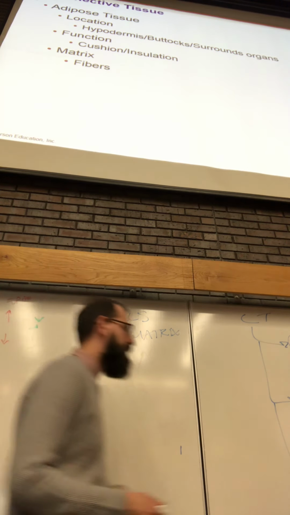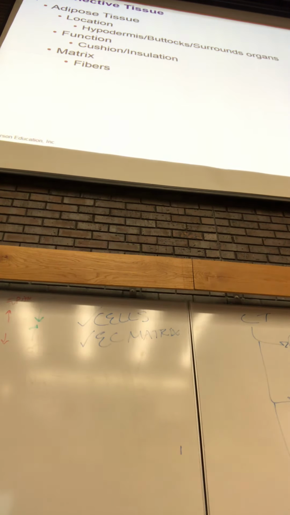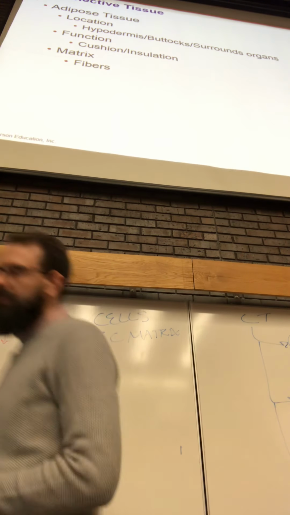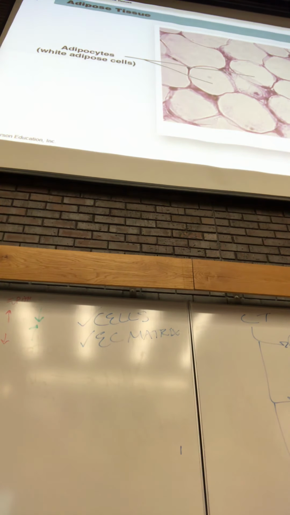The next type is adipose tissue. Does anyone know what it is? It's fat. These are fat cells. Within their cell membrane, they make a lot of lipid, which looks clear or transparent on the slide. It's like filling a cell up with butter or coconut oil or bacon grease.